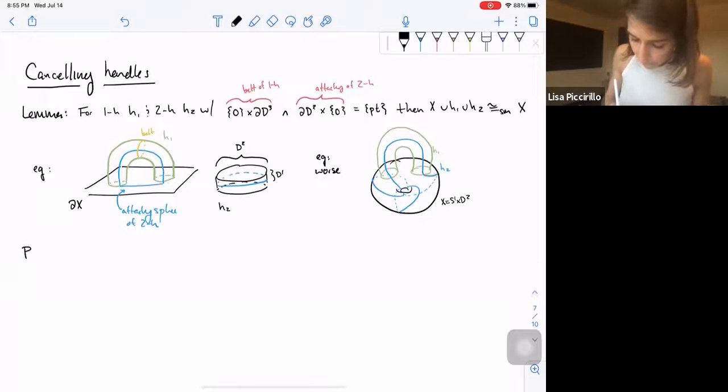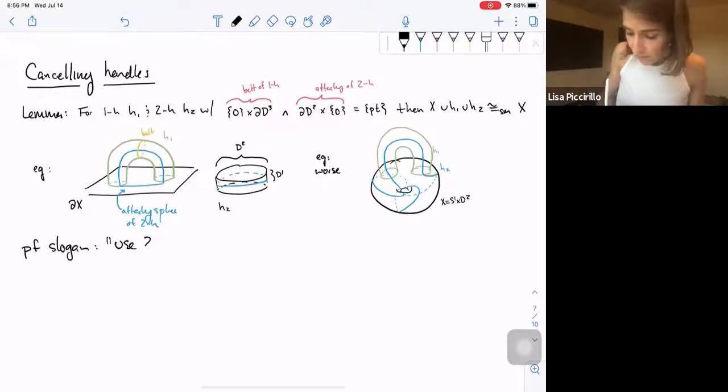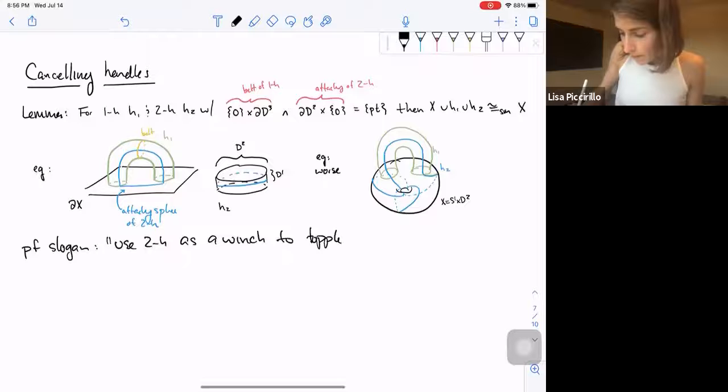So, proof sketch. First, let me tell you the proof slogan. The proof slogan is: we're going to use the 2 handle as a winch to topple the 1 handle.